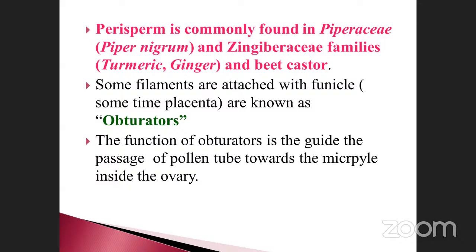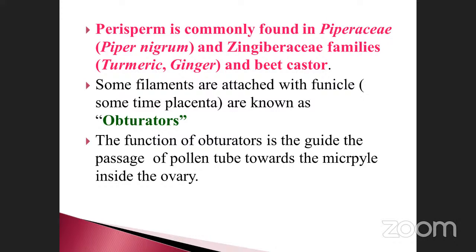Please note it down. Perisperm is the extra nucellus remaining as a layer-like structure. It is mostly present in angiosperms. The perisperm is commonly found in Piperaceae, Zingiberaceae, turmeric, ginger, and also beet and castor.